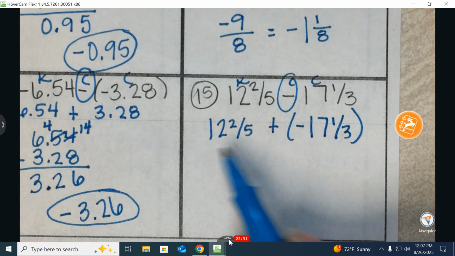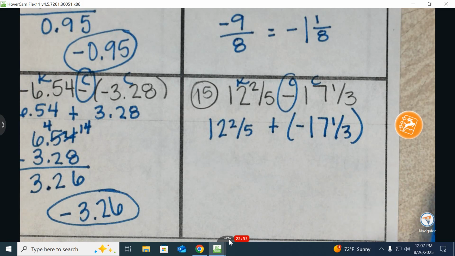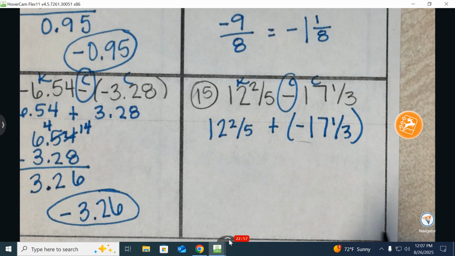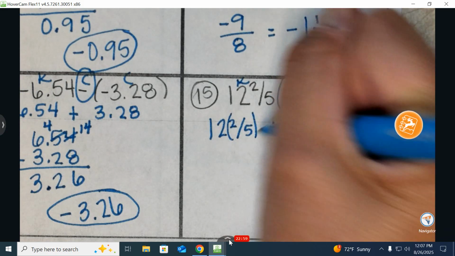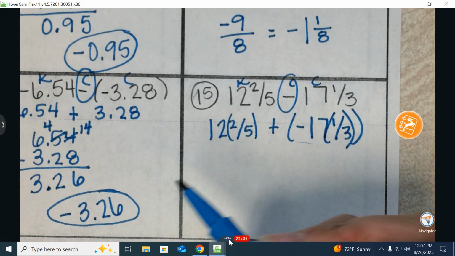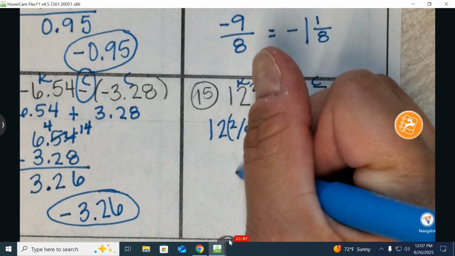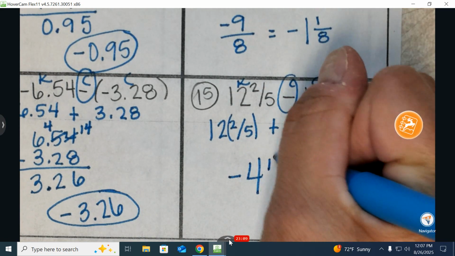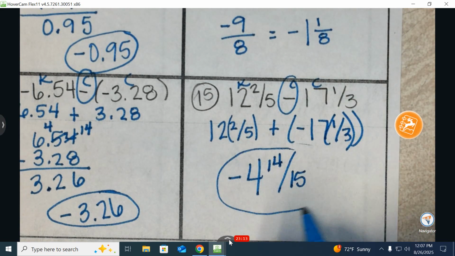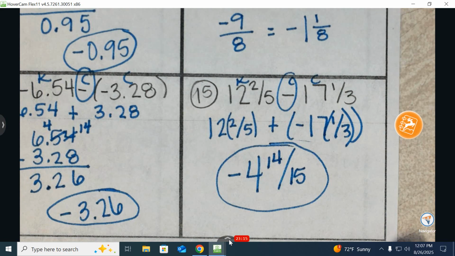Adding with unlike signs, I actually subtract them. I cannot subtract them yet because they do not have a common denominator. So I'm going to make their common denominator, oh hey, we've already worked this problem. It is number 10, and our answer is negative 4 and 14/15. So we don't have to do that again.